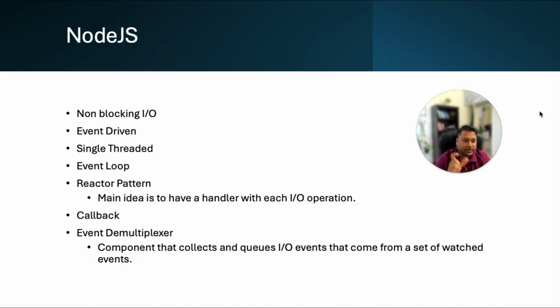This TCP connection is being handled by the operating system under some kind of socket. So let's say your event demultiplexer is watching your resources, and in this particular case the resource is your socket. The demultiplexer will say, okay, there is a request that has come, and it will automatically collect it and create an event for the request and put it into your event queue. So that's the main job of an event demultiplexer.